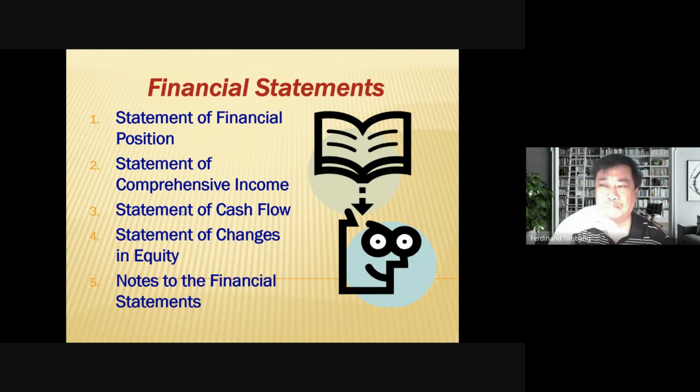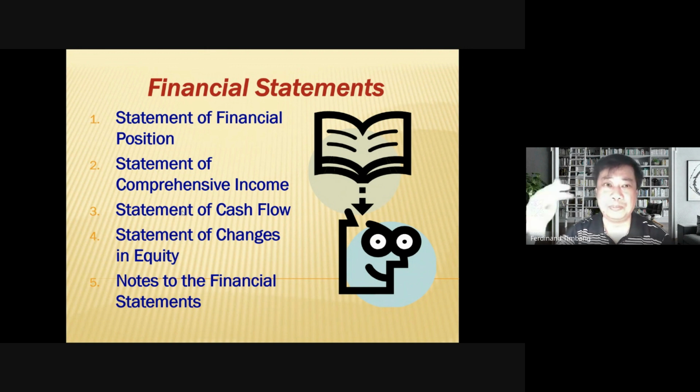Okay, so before it was known as balance sheet, that's correct, but actually some are still using the term balance sheet. Kaya lang when yung Philippine Financial Reporting Standards entered into the scene, they changed the practice, but actually we are still using the balance sheet, kasi sa articles of incorporation natin, we are still using the balance sheet, not actually the statement of financial position.